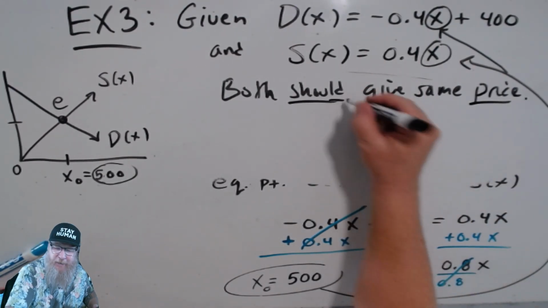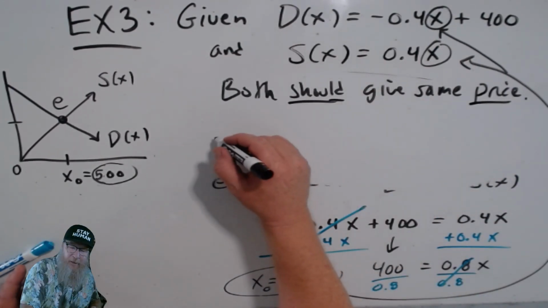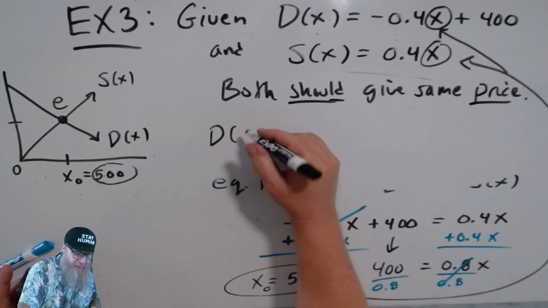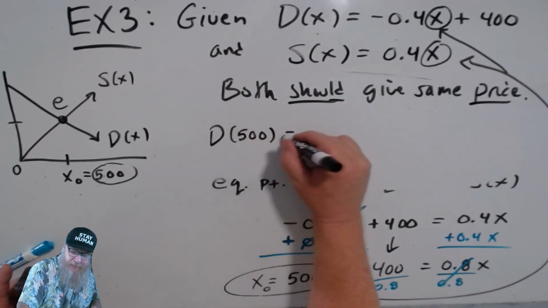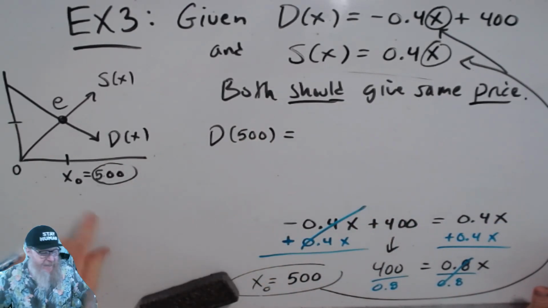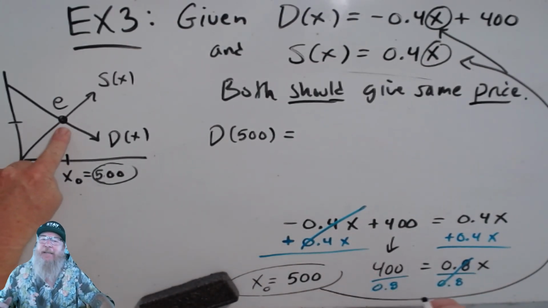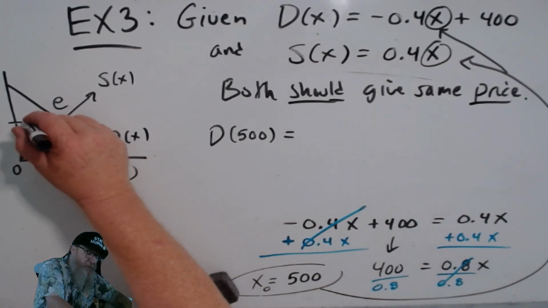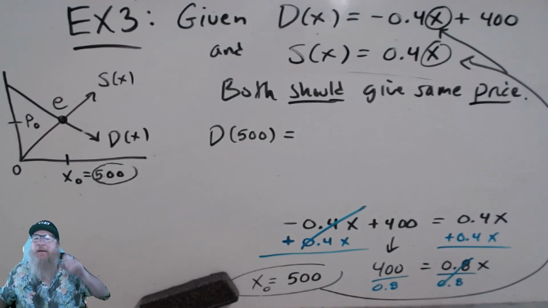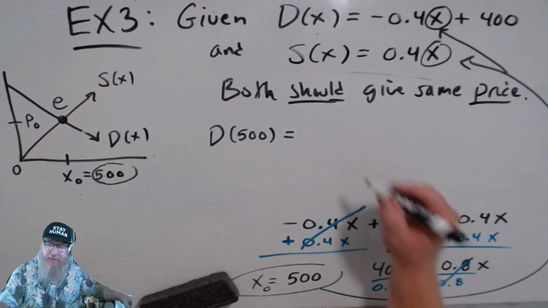And again, I underline the word should because I don't know if they do, you have to plug it in. So plug in 500. Again, that's only true for the equilibrium because that's the price at which they're equal. So let's see if they do.